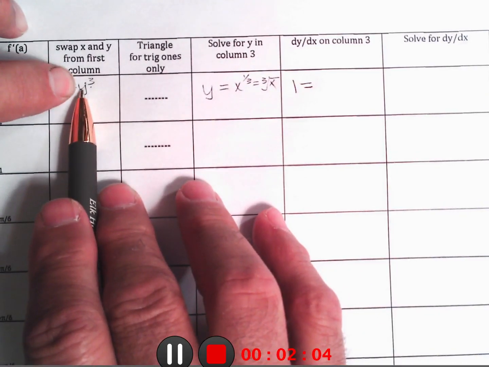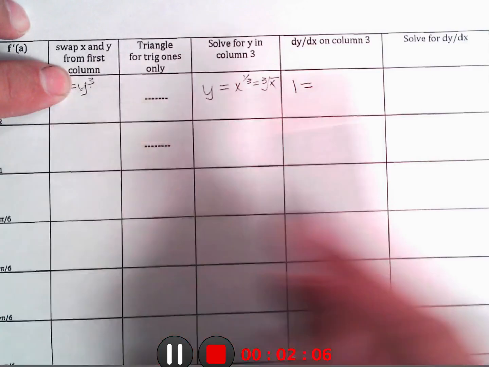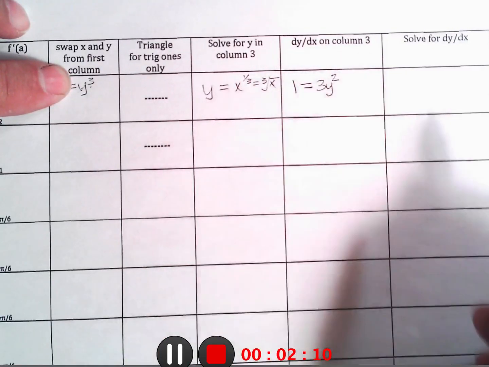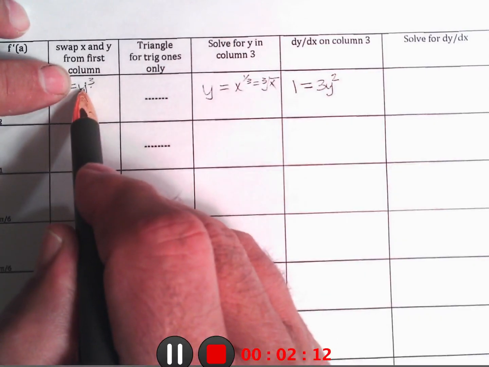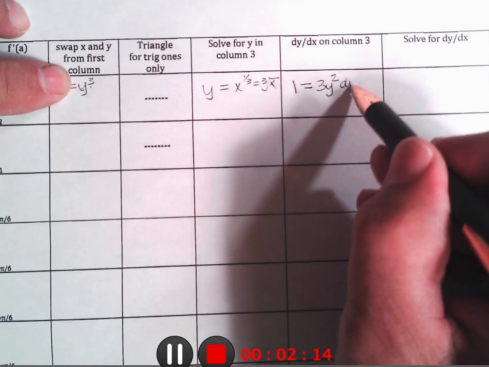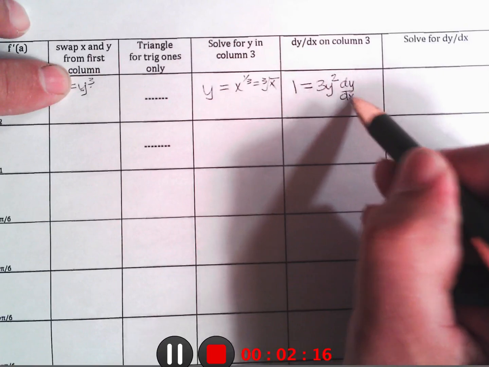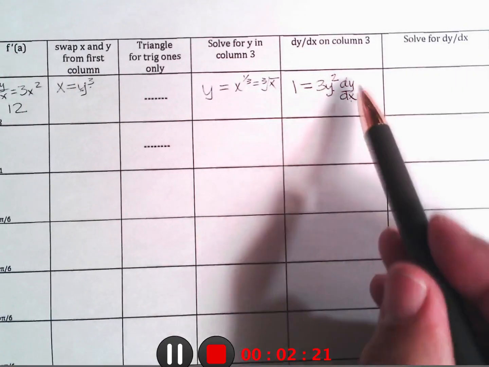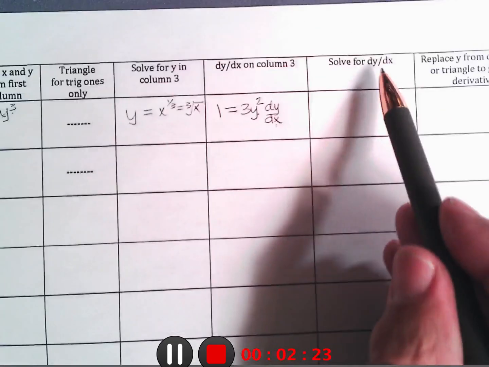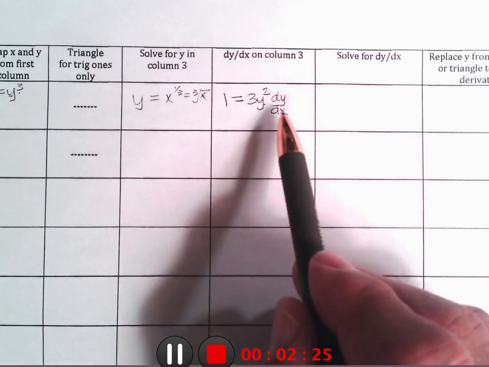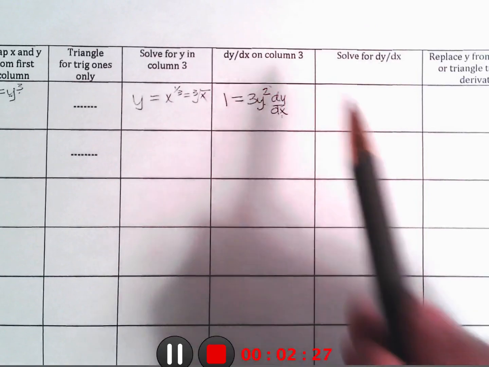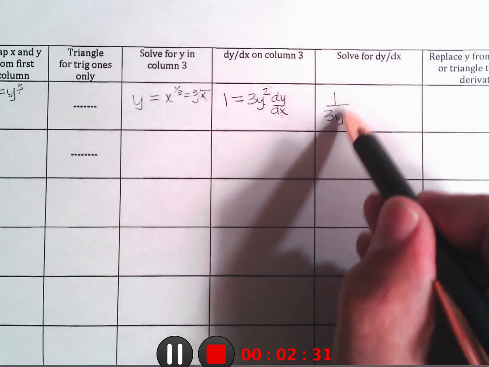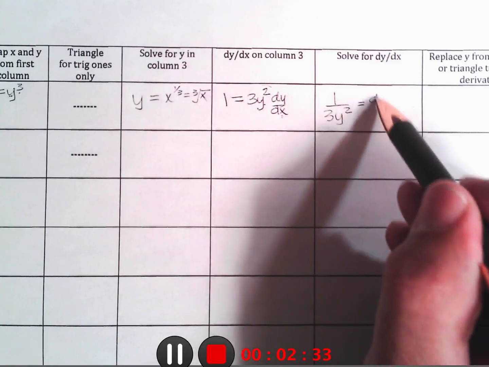So we do the power rule, which is 3y to the 2 times the derivative of the inside, which would be dy/dx, because this is not x. So we have to say that. Now, if we solve for dy/dx, as it says to do here, we divide both sides by that, and we get 1 over 3y squared is what dy/dx would equal.